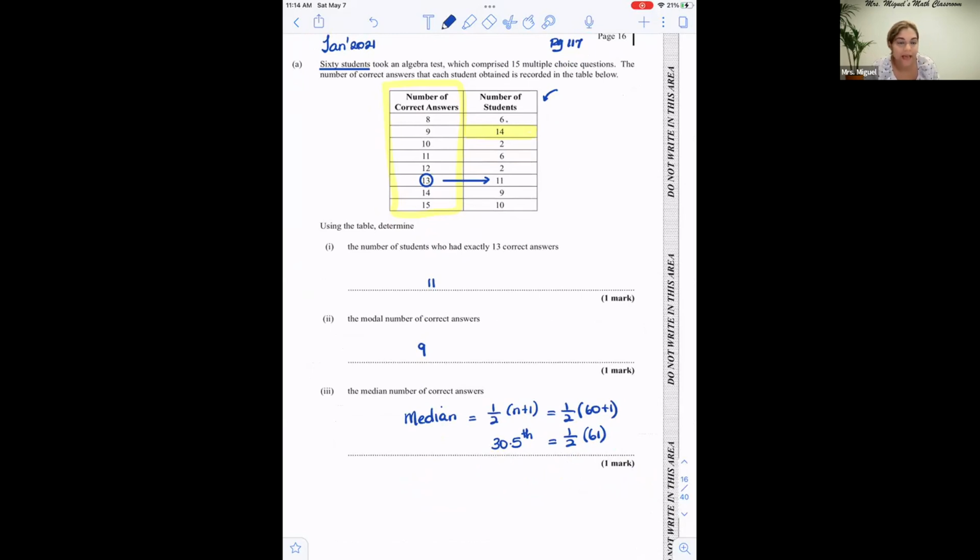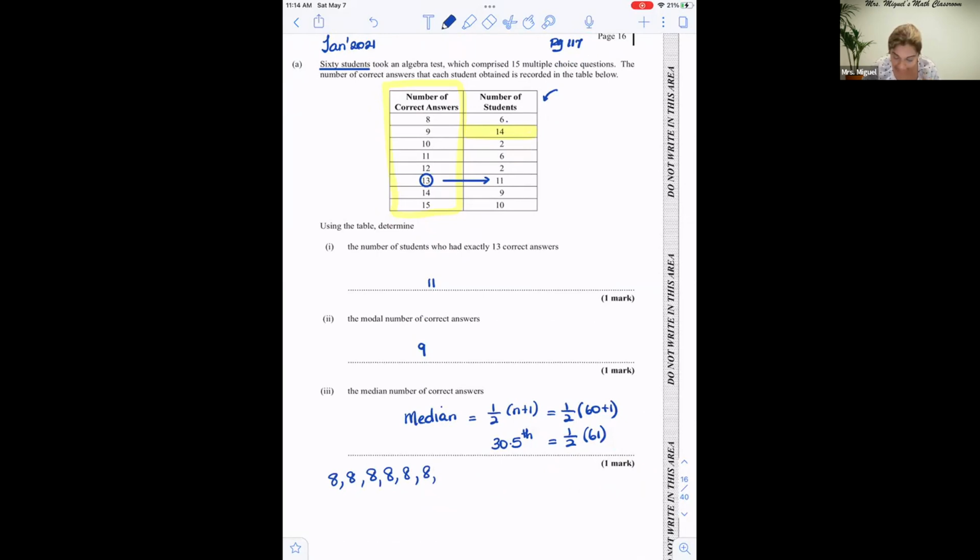6 students had 8 correct answers. 1, 2, 3, 4, 5, 6. So 8 occurs 6 times. 14 children had 9 correct answers.